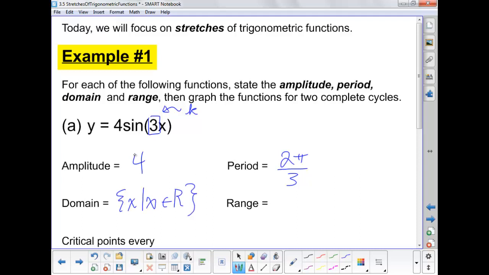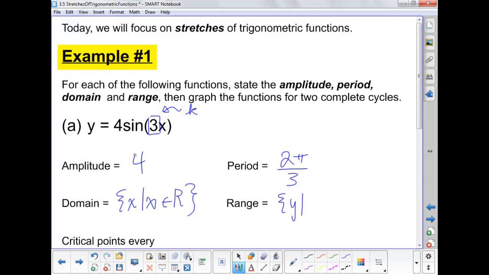Okay. Now the range we have to think a little bit more about, in that the range is going to be restricted because this function does not exist for all vertical values. So we're going to have y such that. Then we have to think, I should be between the minimum value for y and the maximum value for y. Now keep in mind, in this case, the midline of the function is the x-axis. So the y value there is 0.